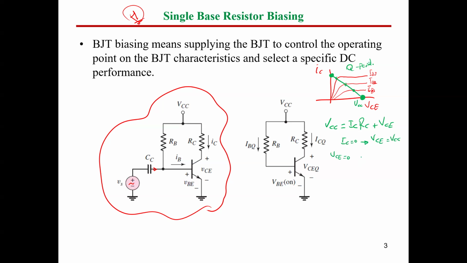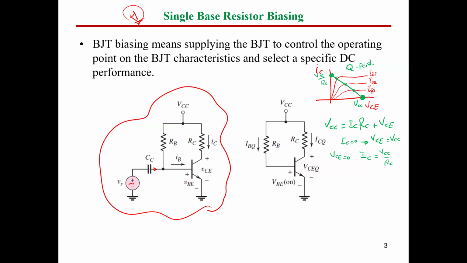So we can say the value of IC is going to be VCC divided by RC. So this means the value of IC here is VCC divided by RC. So we could get from the load line the values of VCC and RC needed in order to achieve or create this load line on any transistor.